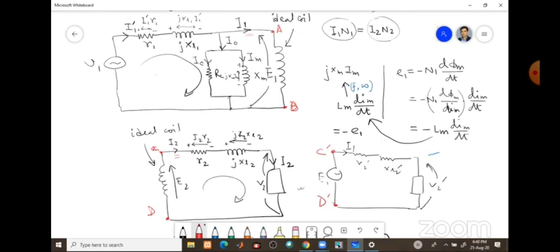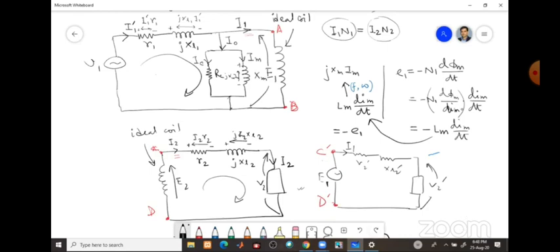Yes, because now we have the same voltage and the same current. If we connect these two points, the current will also be I1 only, and the voltage also E1 only. So we just connect this C prime to this A and D prime to this B. There will be no change, but we will get only one circuit, a single circuit.